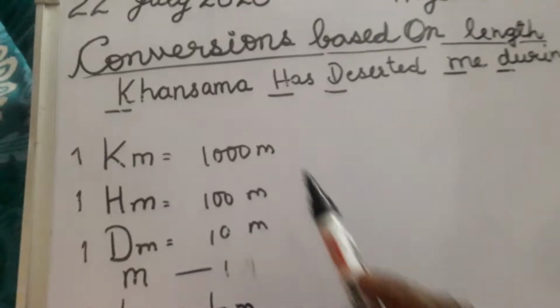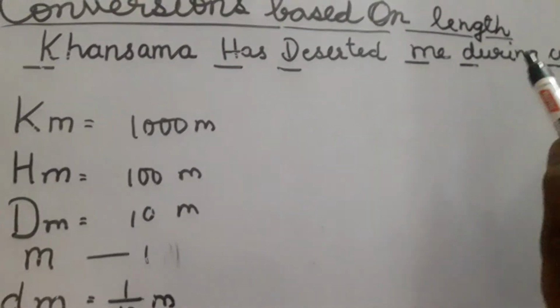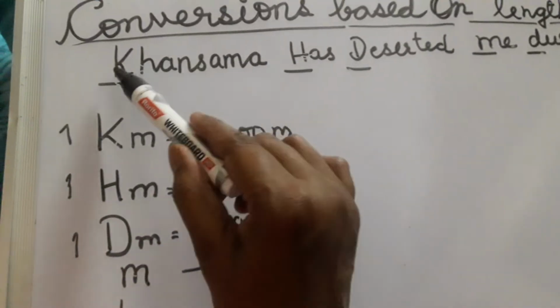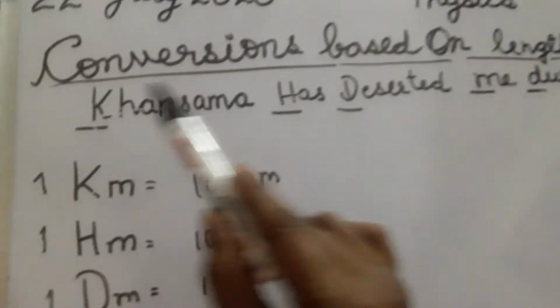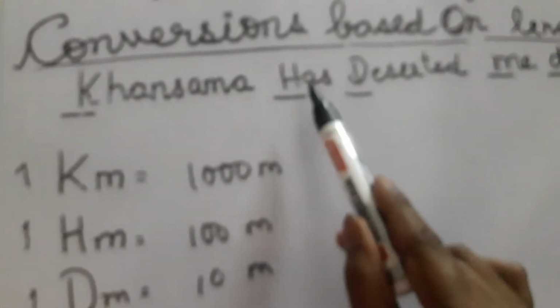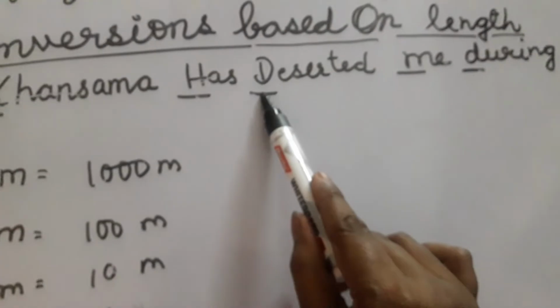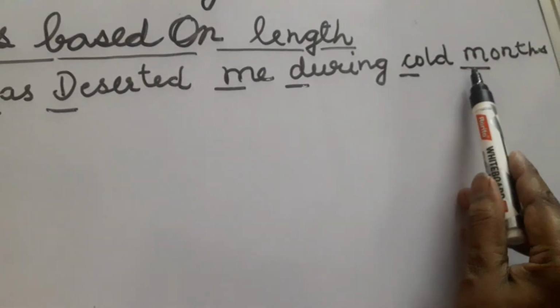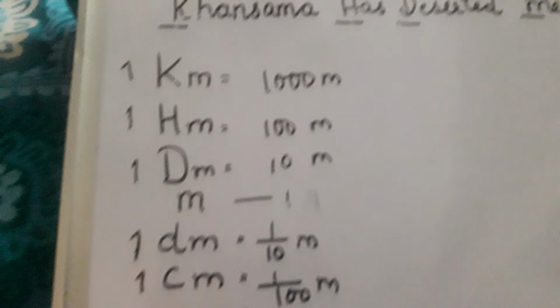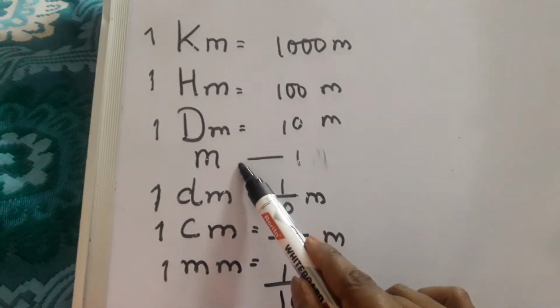Understood, children? See, Khansama has deserted me during cold month. This sentence and the sequence, the first letters we have taken: kilometer, hectometer, decameter, meter, decimeter, centimeter and millimeter. So this is the center one or the middle one.